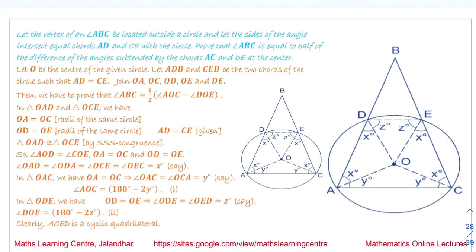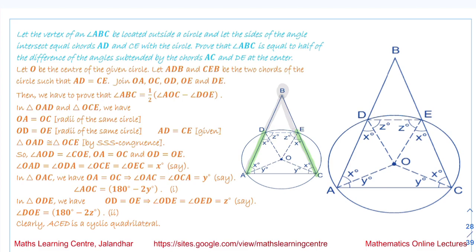In this question we are given an angle ABC, and this point B is lying outside a circle, and it is given that these chords AD and CE are equal in length.